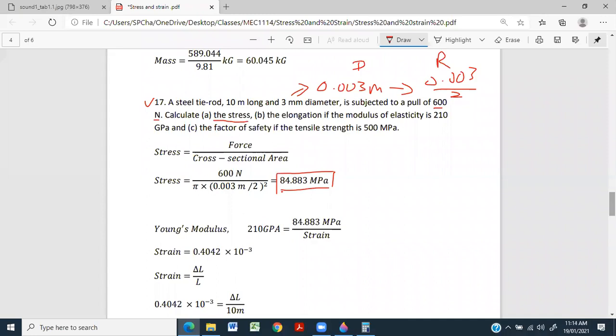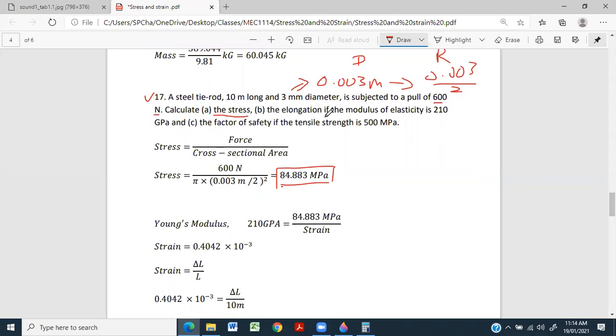And that's stress. Now, they gave us the modulus of elasticity, which is just another way of saying Young's modulus. We know Young's modulus is equal to E, and Young's modulus is equal to stress over strain.